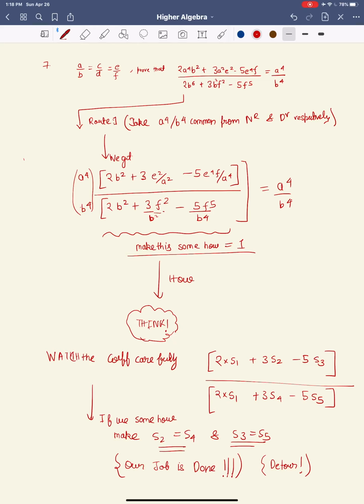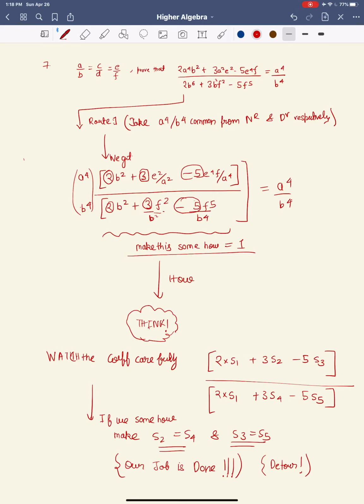Let's watch the coefficients carefully: there is 2 in the numerator, 2 in the denominator, 3 in the numerator, 3 in the denominator, and minus 5 in the numerator, minus 5 in the denominator. So it is intuitive to conclude that the numeric coefficients are equal.